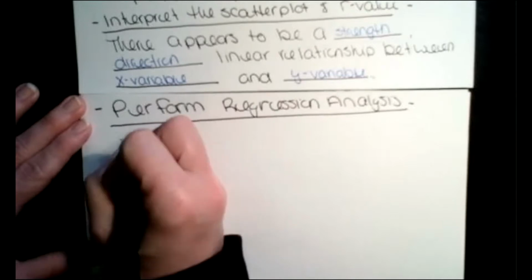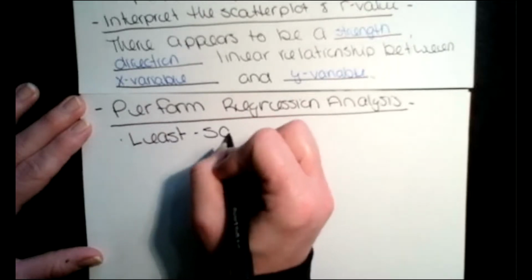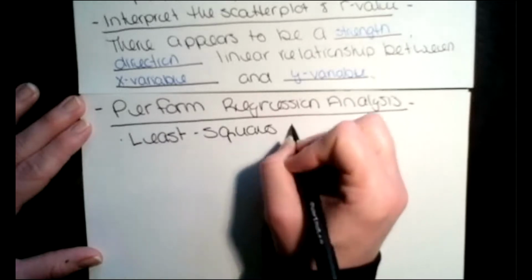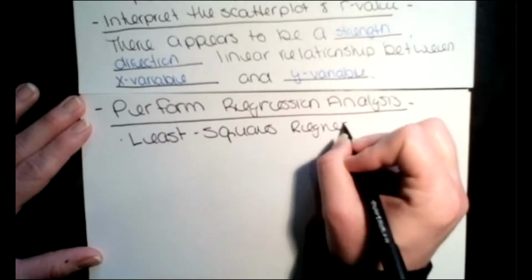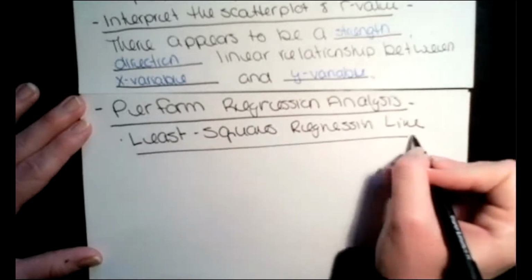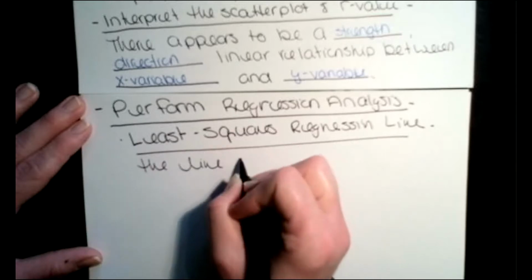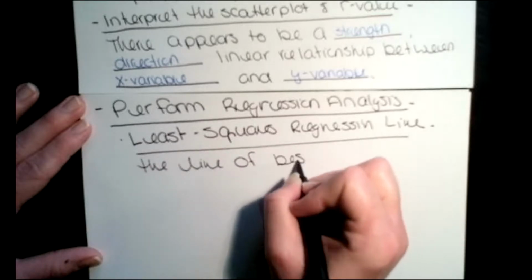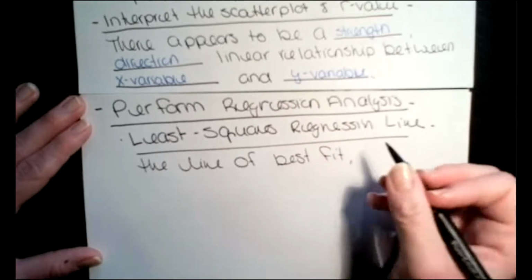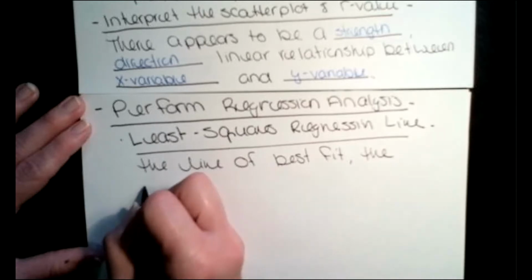So my least squares regression line, this is what we call the line of best fit. Okay, and this is where we get the regression equation.